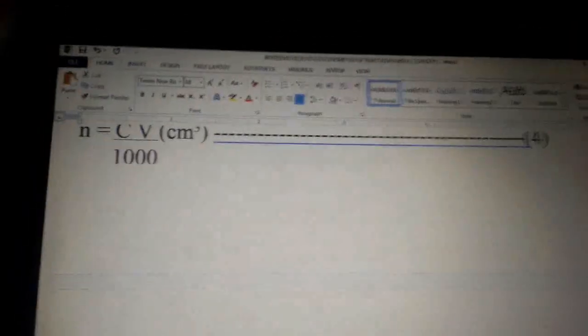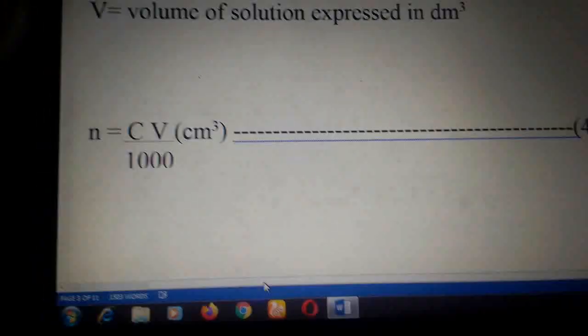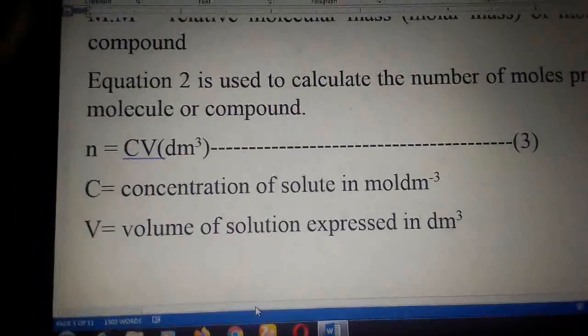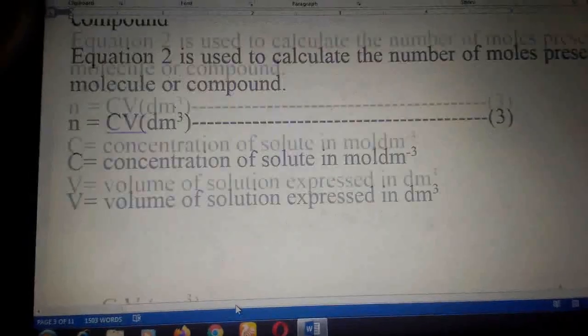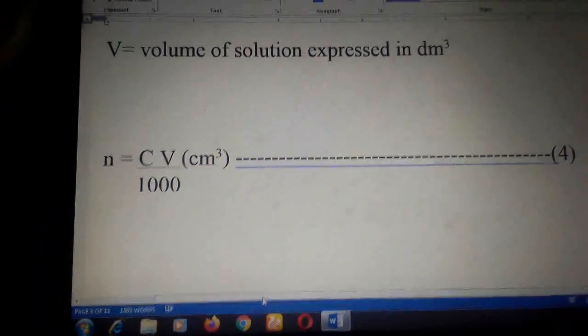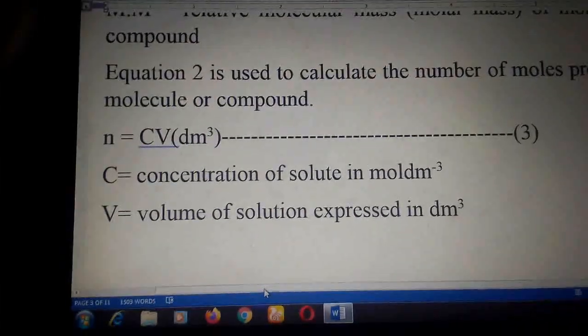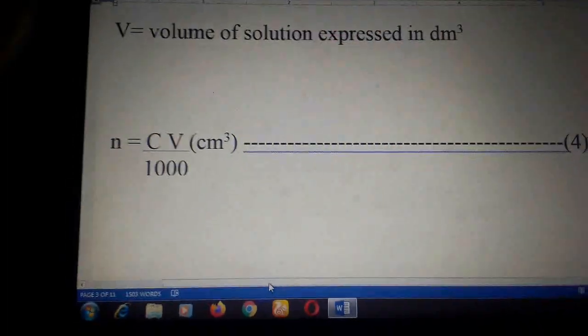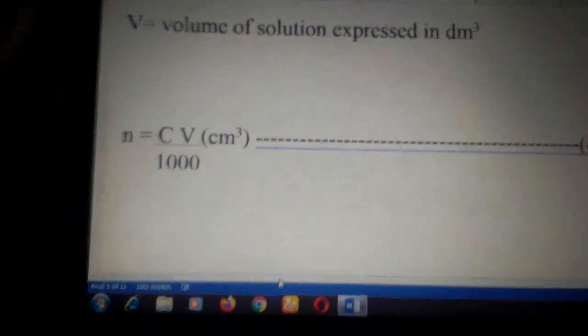Equation 4 says number of moles n equals CV over 1000. You can see the relationship between equation 3, n equals CV, and equation 4, CV all over 1000. What is the difference? Both are used to find the number of moles of a substance dissolved in a liquid, that is, a solution.